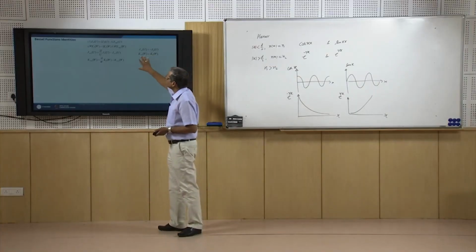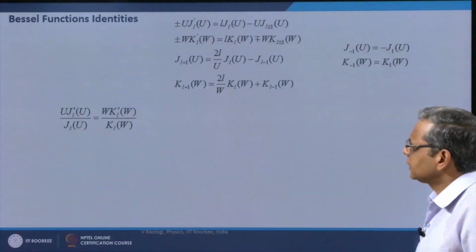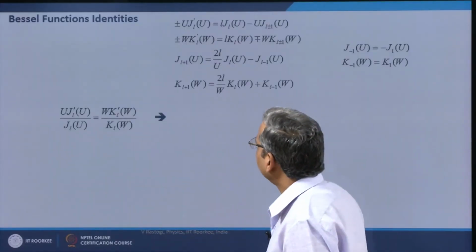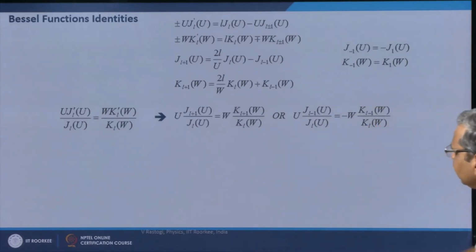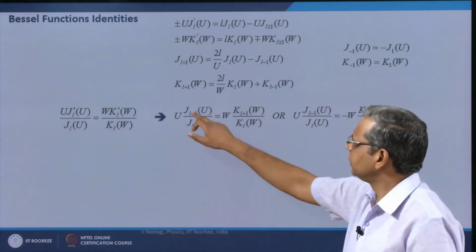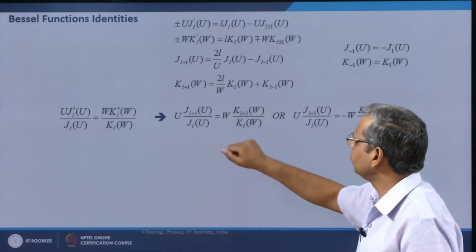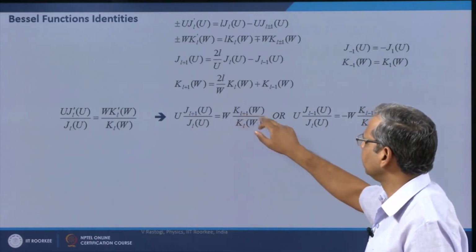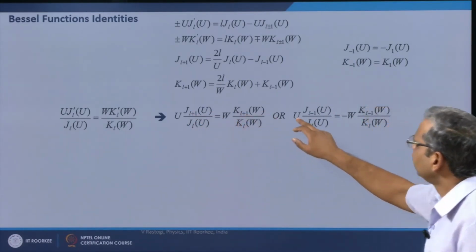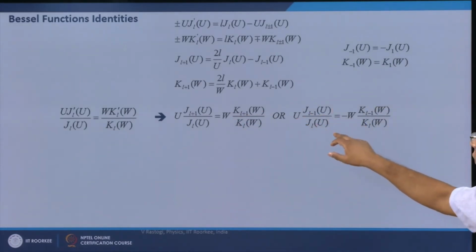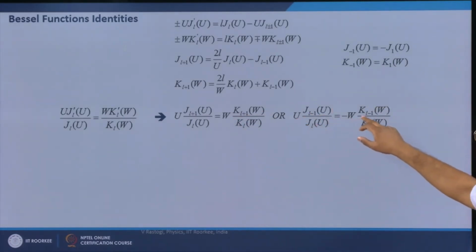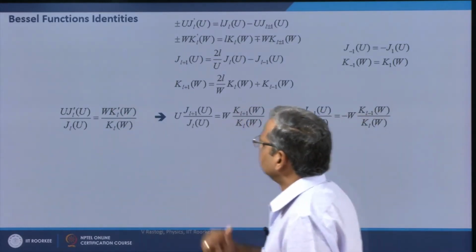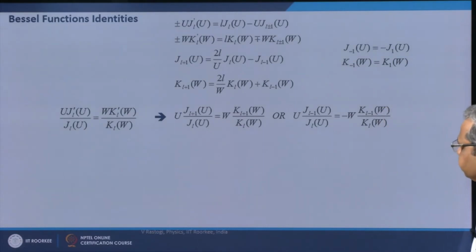If I use these, this transcendental equation can be written in 2 forms. One is U J_{L+1}(U) over J_L(U) equal to W K_{L+1}(W) over K_L(W), or U J_{L-1}(U) over J_L(U) equal to minus W K_{L-1}(W) over K_L(W). So I can get rid of these primed functions.